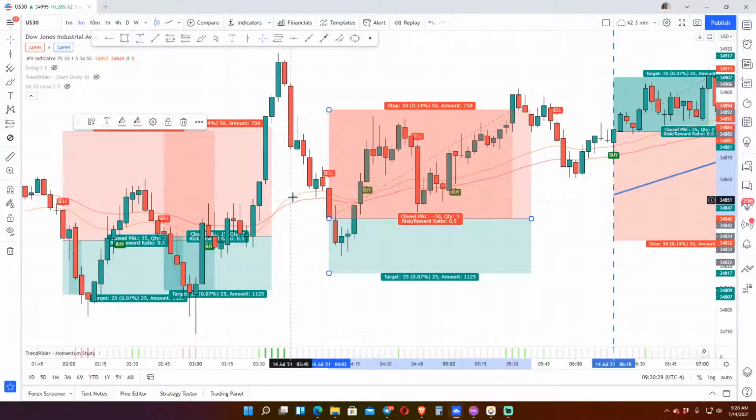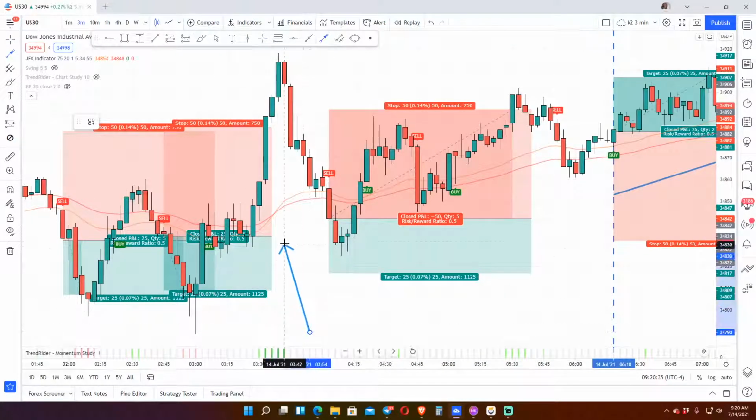And as you can see here, if you look at the way the pivots are formed here, let me draw this up. You see how a while back it crossed? And remember when I told you that if the orange line is above the red line, that pretty much shows a bullish bias.